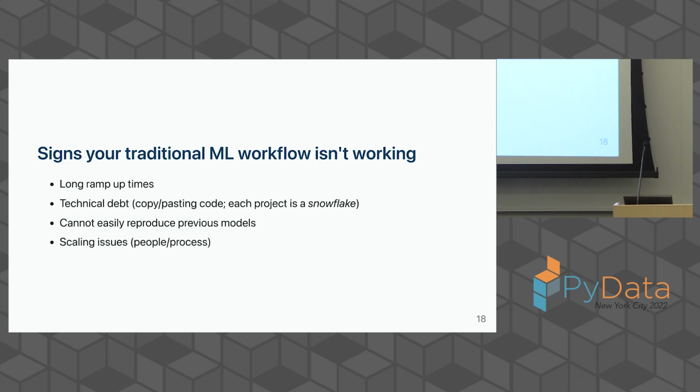Cannot easily reproduce models that you're asked to. And also scaling issues. And this is usually not technical-wise, people-wise. How to scale people. How can you use people more effectively? Especially when you have a tiny team, it gets kind of hard to take on too much work if you have a lot of individual snowflake projects where you have to kind of do everything over again.